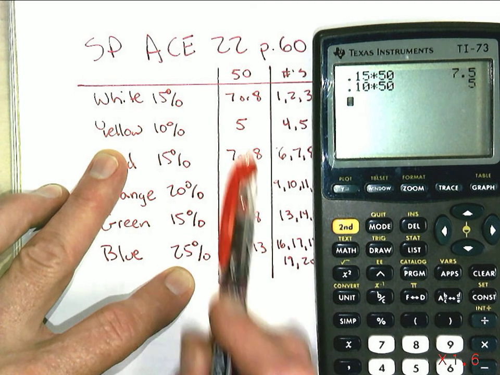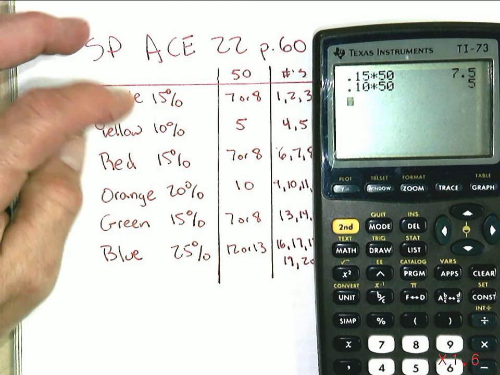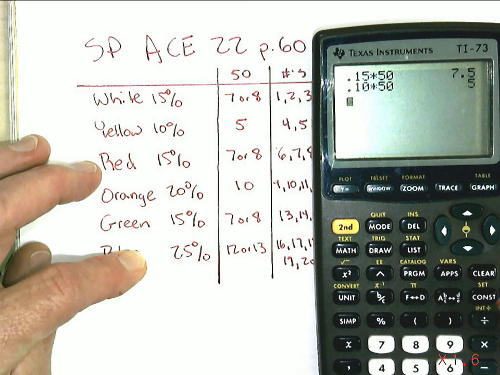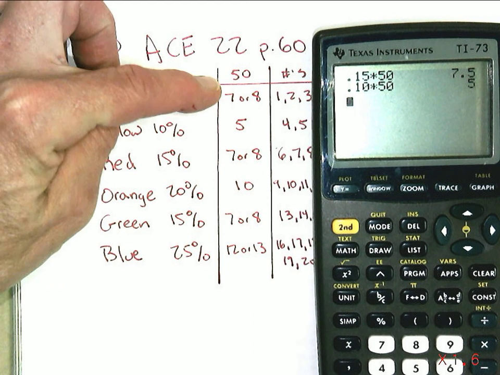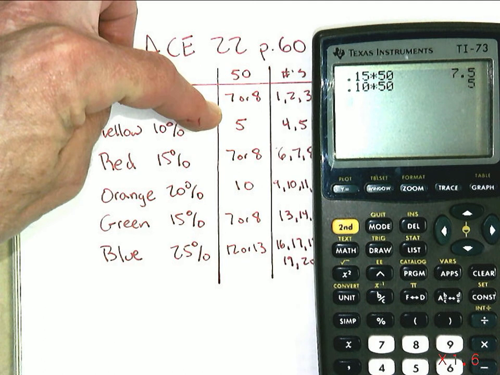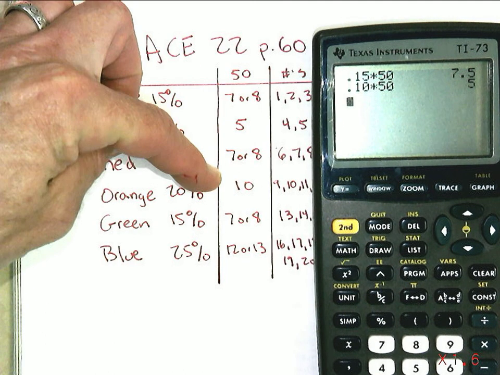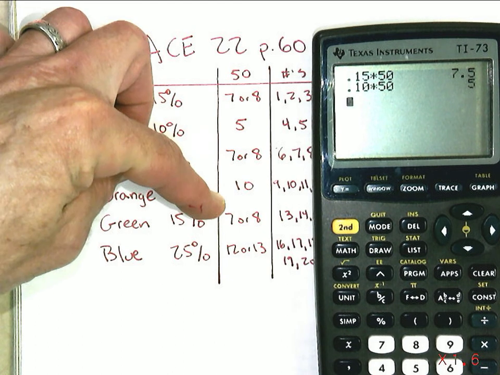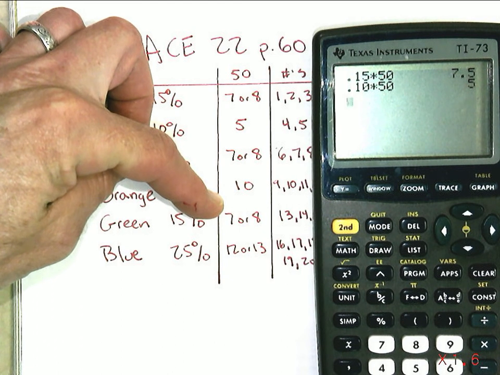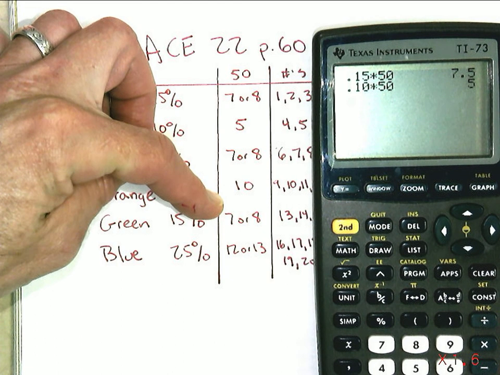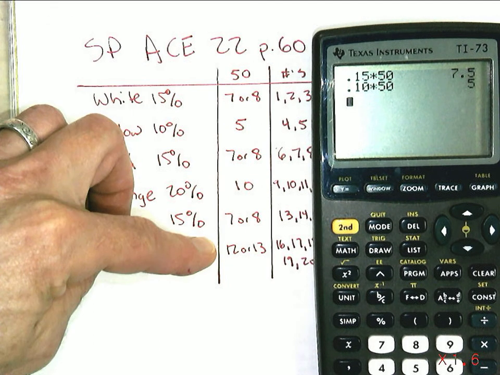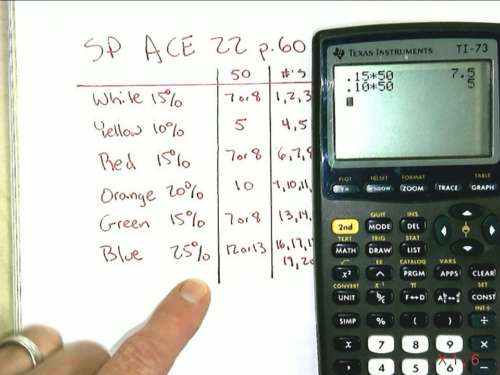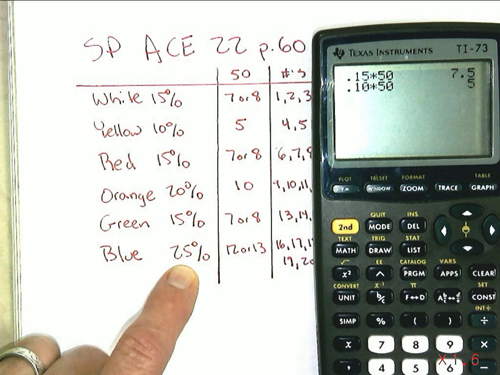So if you reach into a box of 50 and you were expecting these percentages to come out, you should expect about 7 or 8 of the white ones, 5 yellow, 7 or 8 red, 10 orange, 7 or 8, and the reason I don't put 7.5 down is because you can't pull out half of a push pin, and 12 or 13 of the blue ones, since 25% of them would be that.